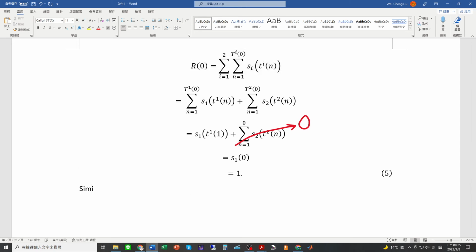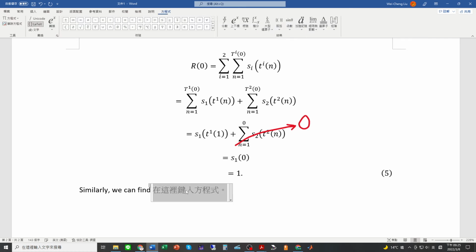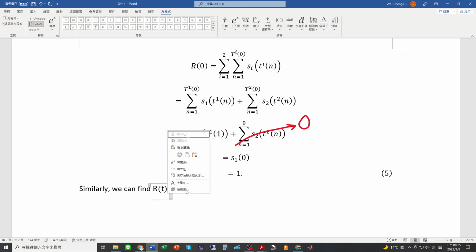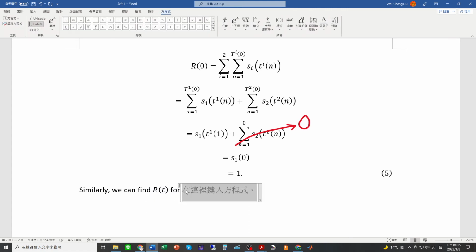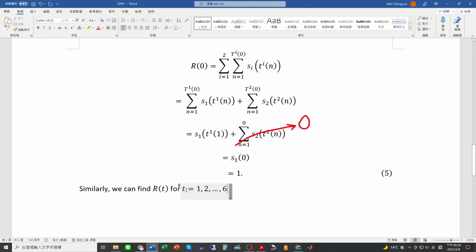Similarly, we can find r of t for t is equal to 1, 2, to 6, which is easy to find.